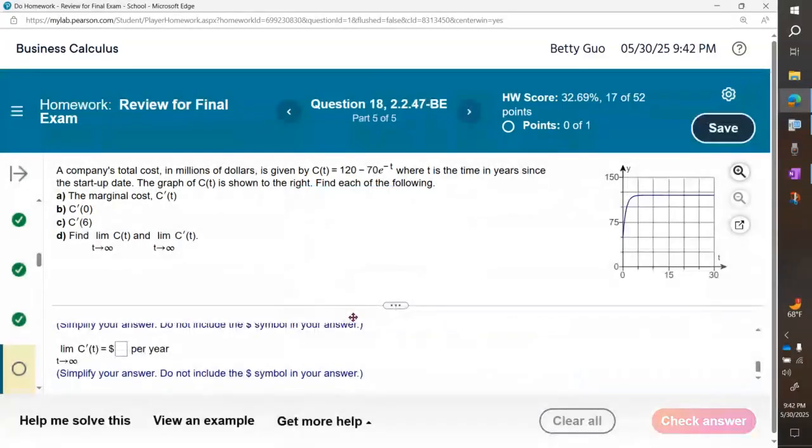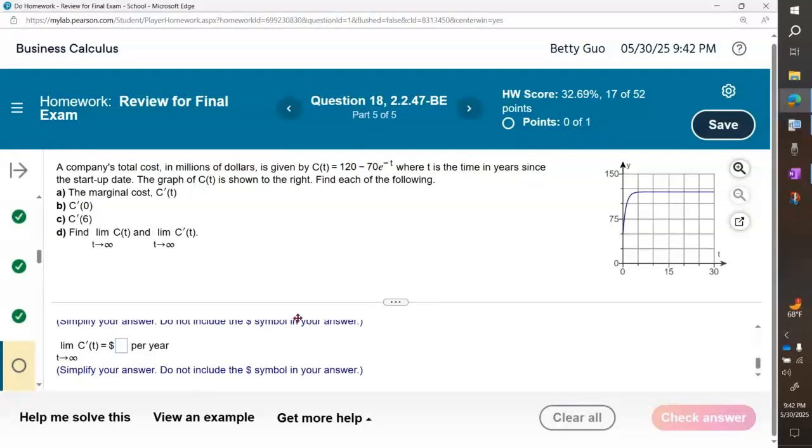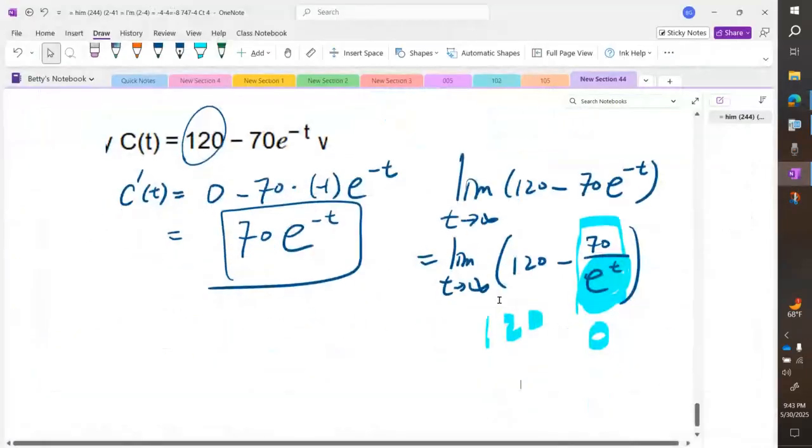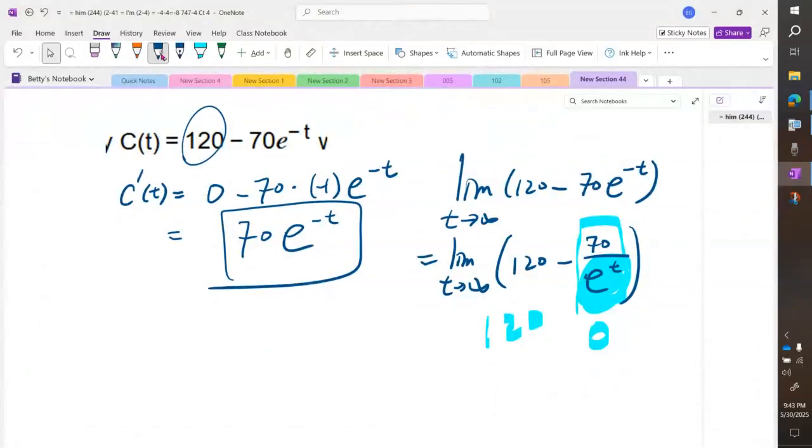This could be a challenging problem. Did I finish this one? No. Oh, okay. So we also need to find the limit of the marginal cost function. I have the marginal function here. This time we're going to find the limit as t approaches infinity of 70 e to the power negative t.